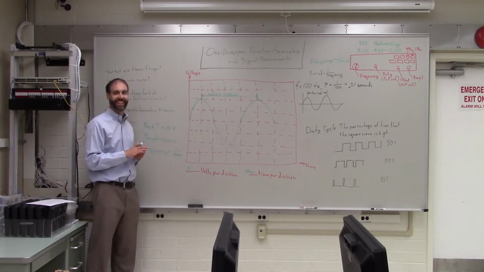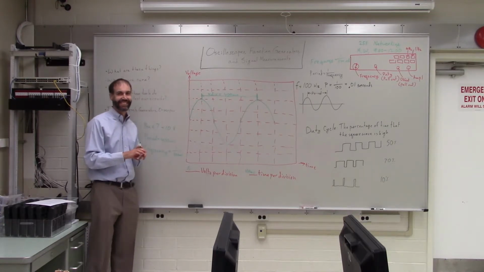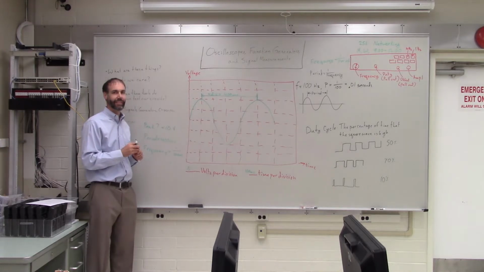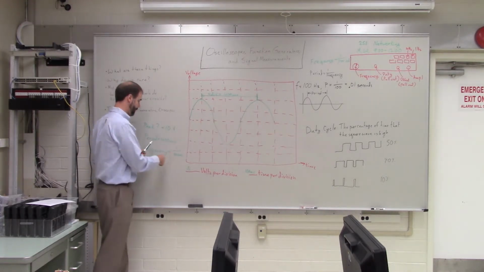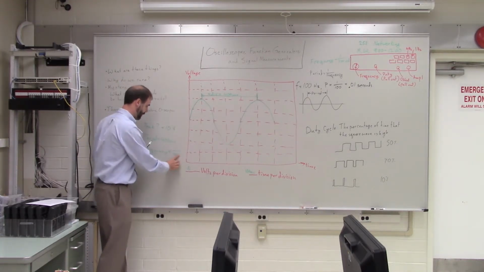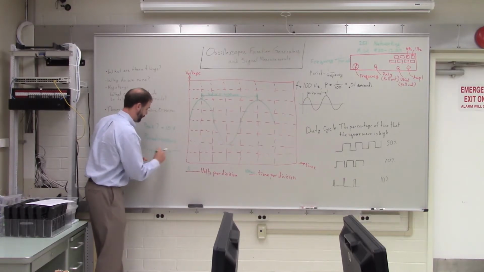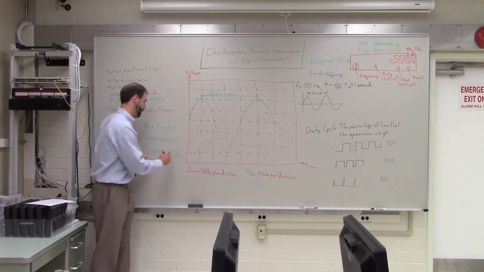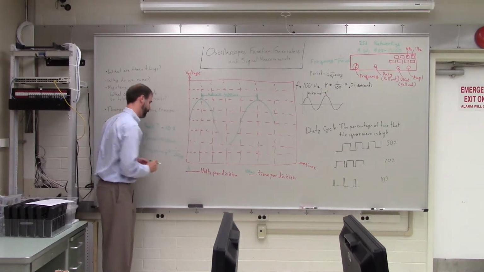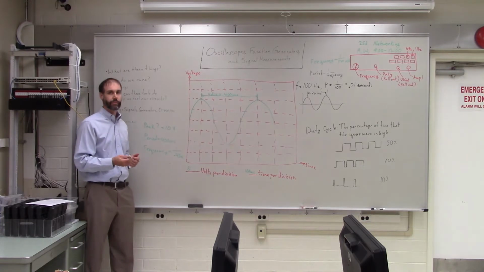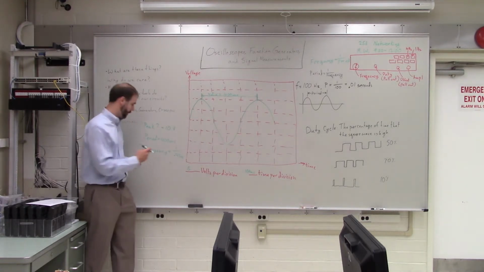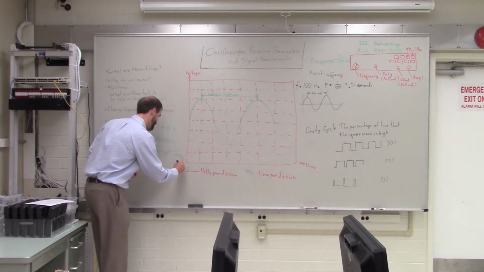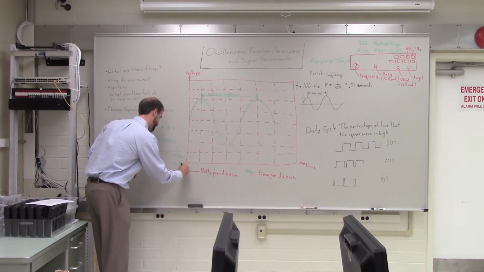Some of us need calculators. So this is 1 over 0.4 seconds, right? I got 2.5. 2.5 hertz.